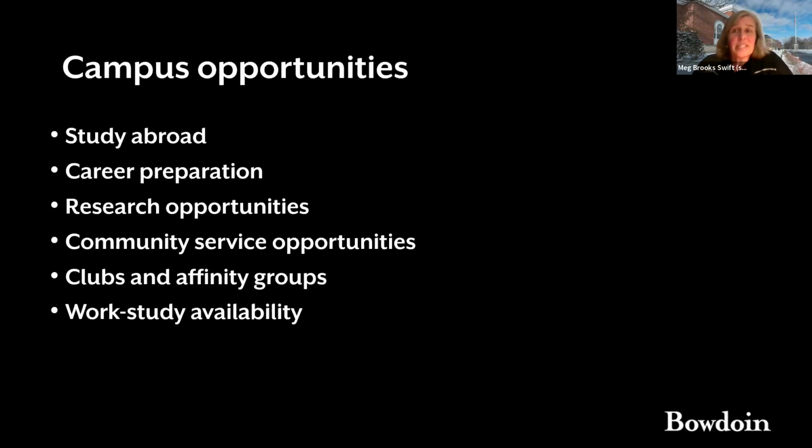As your student starts to dig further into schools that might be of interest, there are a number of other campus opportunities that might make a difference as they start to think through what's important to them in college list making. Areas such as study abroad. How many students at the school study abroad? Does the school run their own program or do they collaborate with international schools?